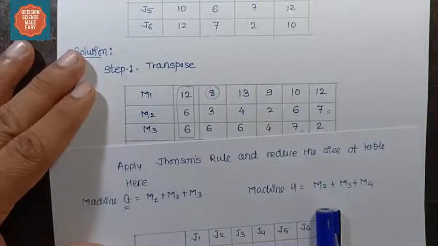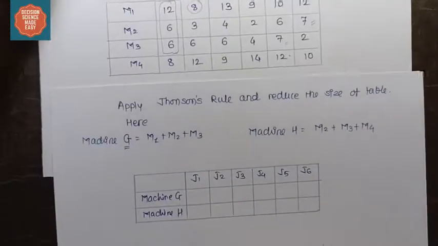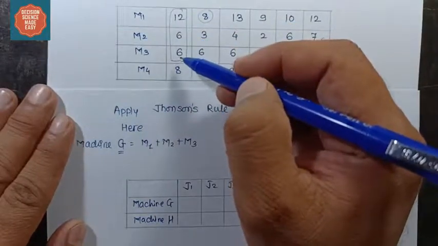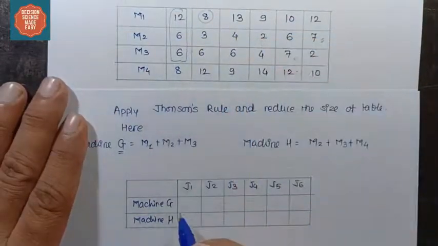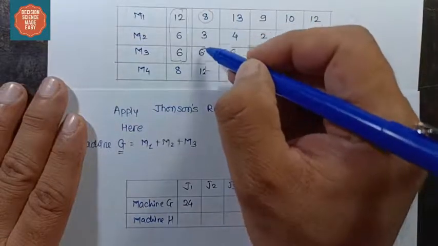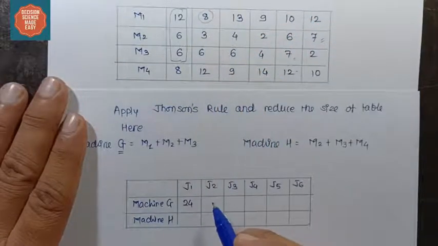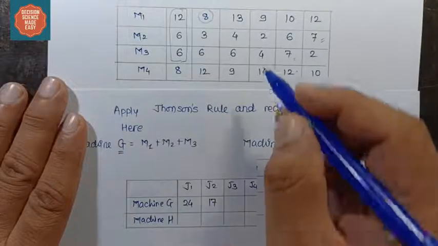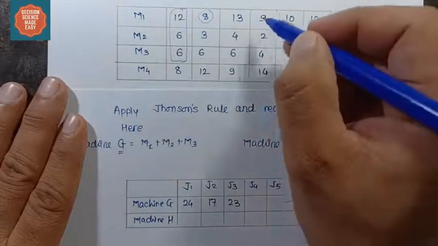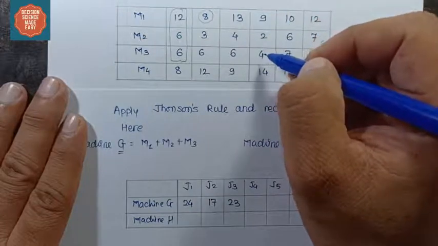This will make my new machine values. 12 plus 6 plus 8 is nothing but 26. 8 plus 3 plus 6 is nothing but 17. Likewise 13, 4, 6 is 23. 9, 2, 4 is 15.